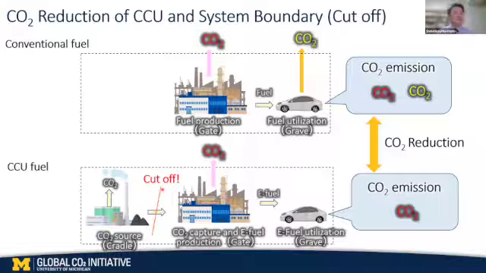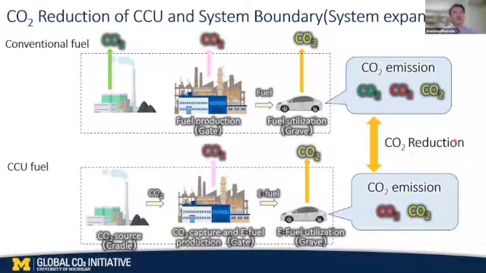Since it is cut off from this system boundary, only the red CO2 is counted for the CCU fuel's CO2 emission. So the difference is only the yellow amount of CO2, and this we call the CO2 reduction.